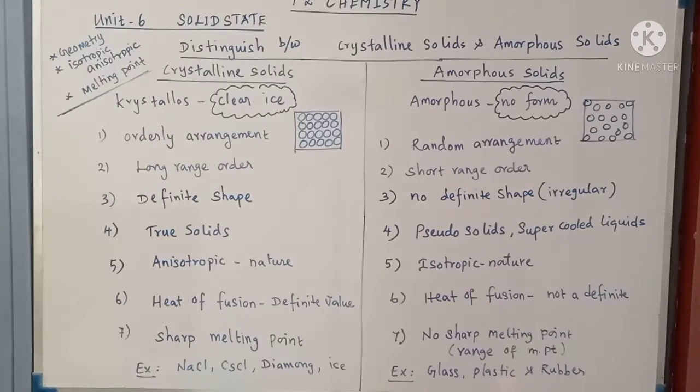Similarly, the word amorphous is also derived from Greek, which means no form, which indicates that in amorphous solids there is no regular arrangement of particles, and they do not have a definite shape. So both the words crystalline and amorphous are derived from Greek words.